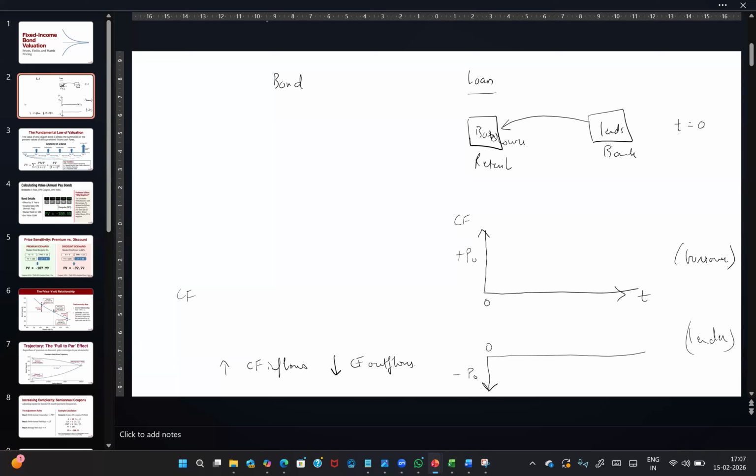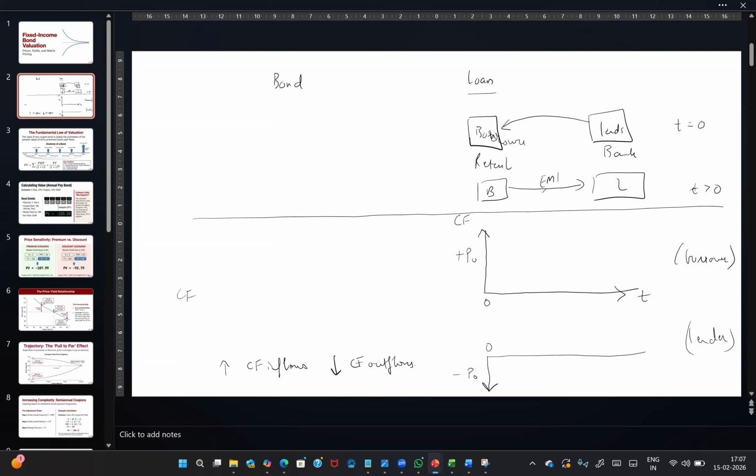In a loan, typically in a bank loan specifically, at regular intervals, the borrower is going to pay the bank EMIs. So at any time greater than zero, there will be EMI payments which the borrower is going to make to the lender.